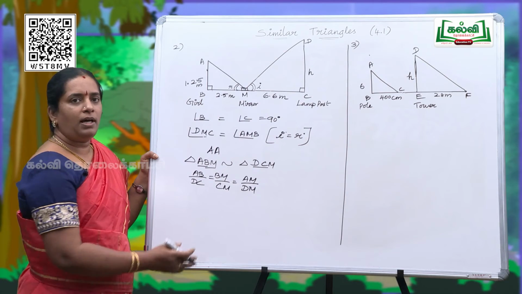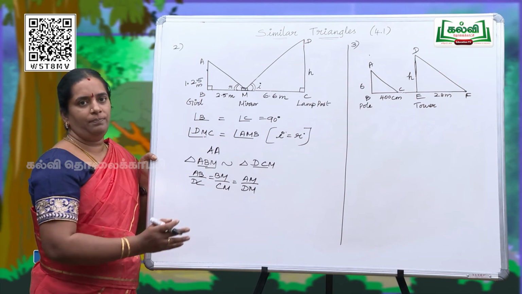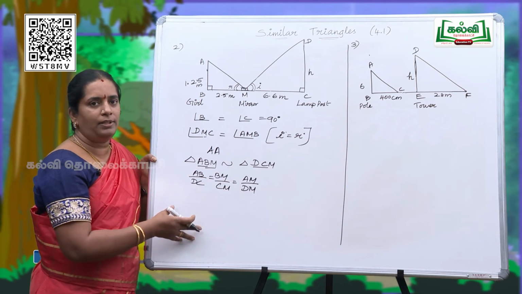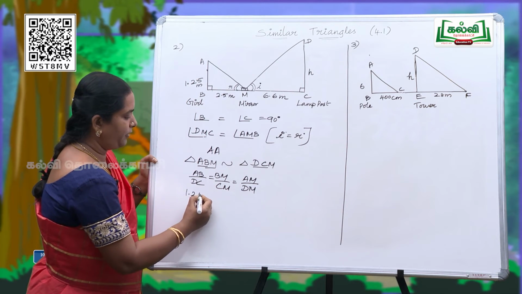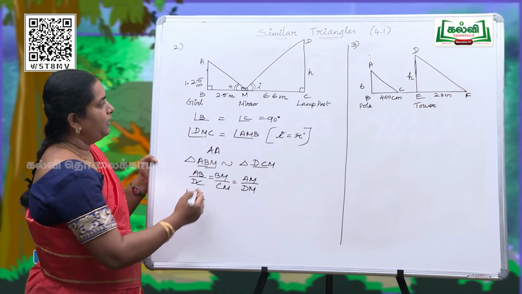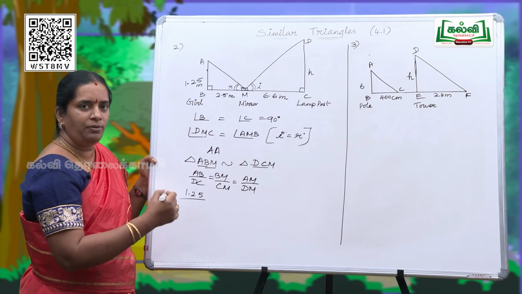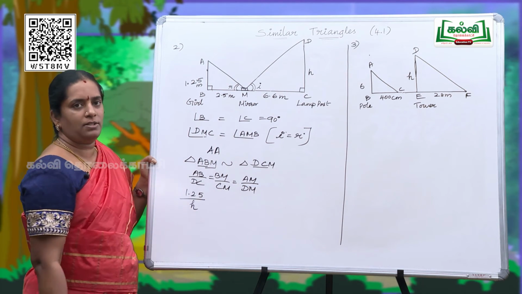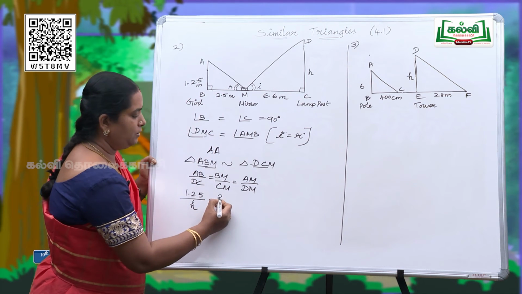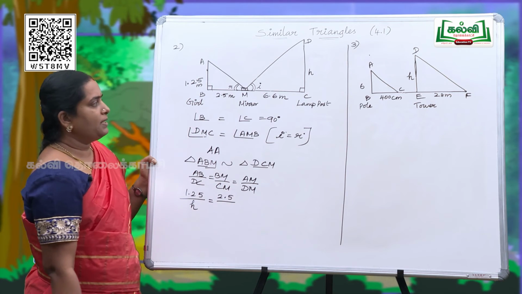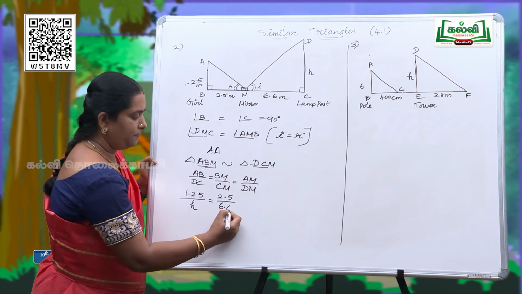After writing this, we have to look at the diagram. Whatever measurements are given, we are going to apply here. What is AB? AB is given as 1.25 by DC. DC is not given, we have to find it, so place it as H. And BM is 2.5. And what is CM? 6.6.